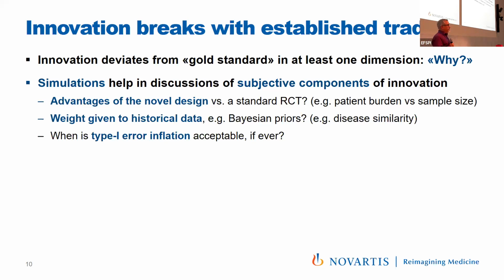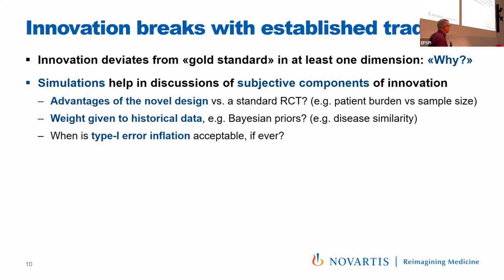And I think that's the reason why the regulatory feedback is so different from different agencies: there are subjective components in this. So for instance, how do you weigh the burden to patients versus the sample size requirement of a study? There is no closed formula to do that. It's a judgment call. It depends on the clinical situation and so on.